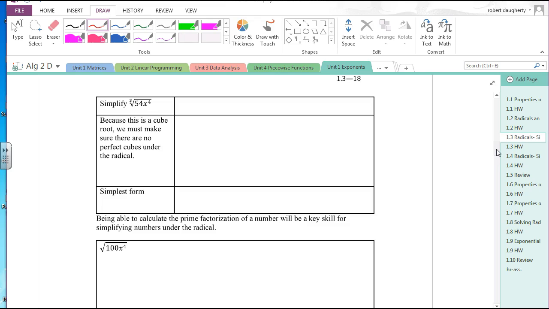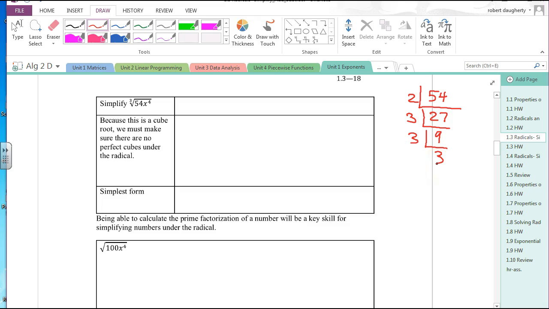So I need things that are perfect cubes. Now 54, I don't walk around with that one in my head, but I know it's what kind of number? Even. So my first trick will be divided by 2. When divided by 2, I get what? 27. That's not an even number, but I do know it's divisible by what? 3. I move up from 2 to 3. Divided by 3, I get a 9. Divide that by 3, I get a 3.